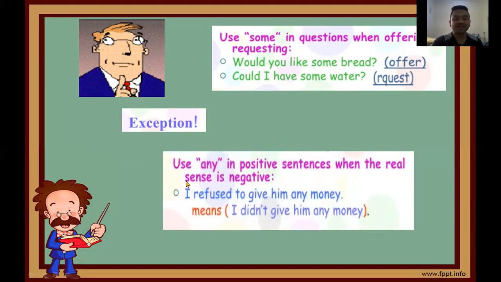Now, another exemption is to use any in positive sentences. What I told you a while ago is we can use any for negative sentences, but there is an exemption once again. Use any in positive sentences when the real sense is negative.